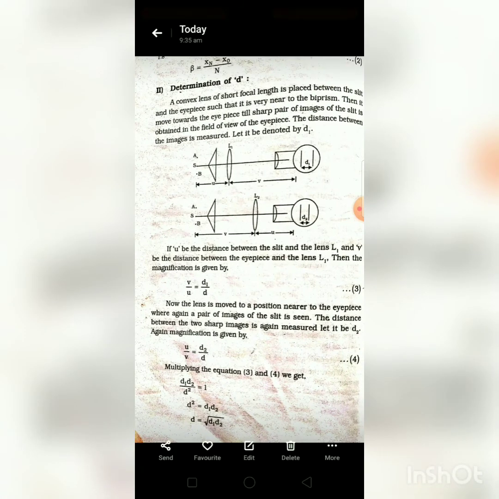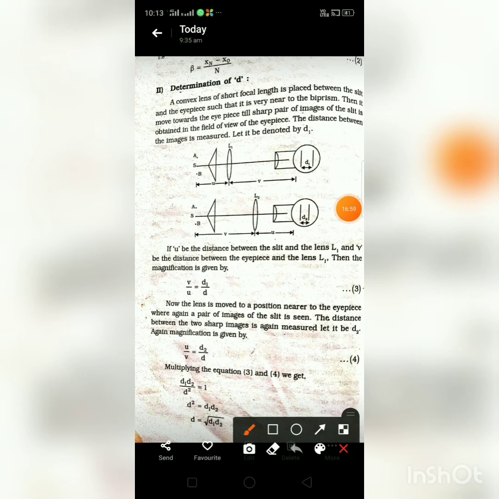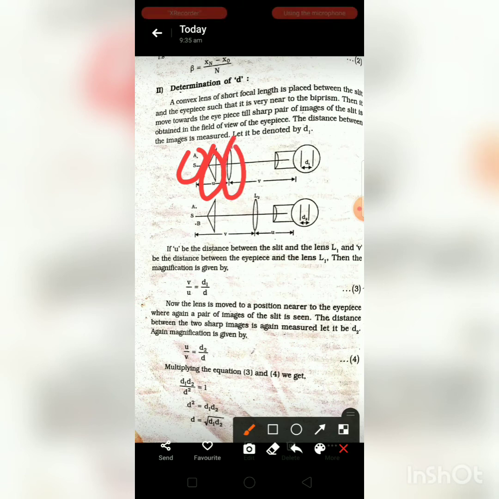Look here in this diagram, I will show you. Here is the source, here is the biprism. Here is the eyepiece consisting of a field lens and an eye lens. The field lens is nearer to the object, and the eye lens is very near to our eye.